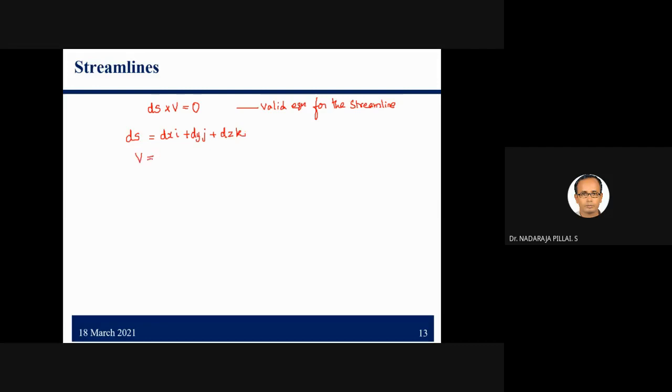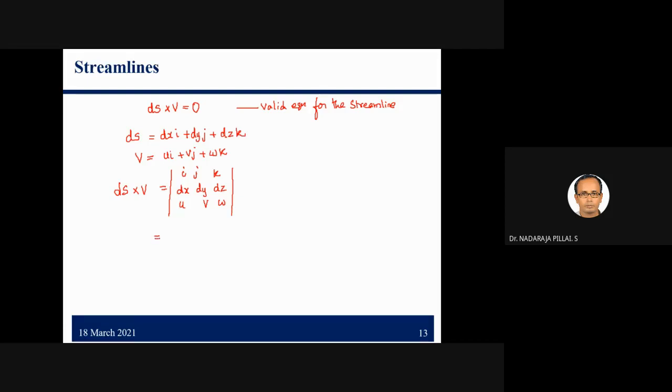Similarly, v can be written as u i plus v j plus w k. So can we calculate ds cross v? How to do that? Let us write i, j, k, and here we have dx, dy, and dz, and here you have u, v, and w.